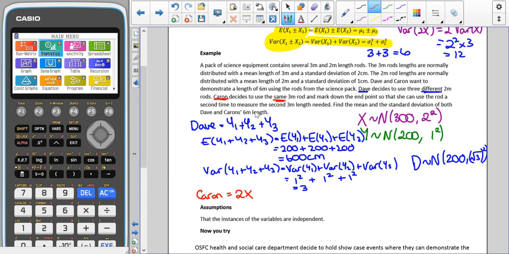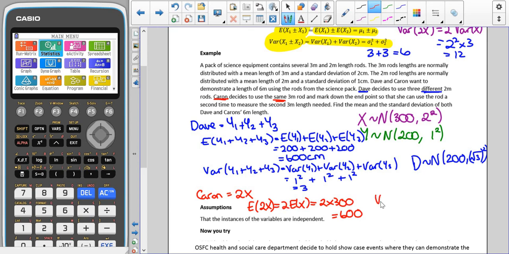Whereas here, Dave's 3 2 metre rods could all be varied in different ways. So when we're finding the expected length of Karen's rod, we're going to have the expected value of 2x, which is the same as 2 times the expected value of x, which gives us 2 times 300, which gives us 600 centimetres.